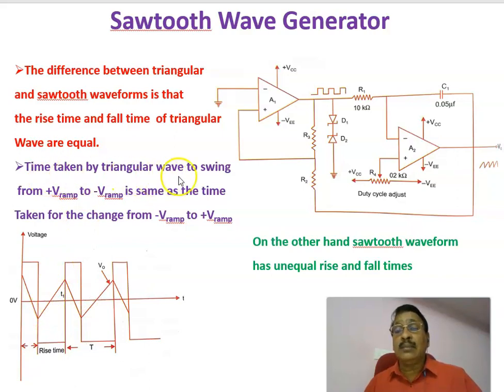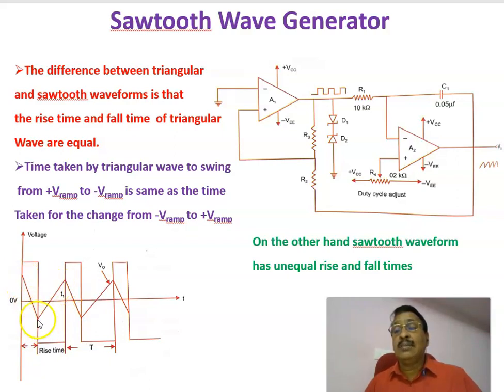The time taken by the triangular wave to swing from plus VRAM to minus VRAM is the same as the time taken for the change from minus VRAM to plus VRAM. But in a sawtooth, to change from plus VRAM to minus VRAM it takes this much time, but to go from minus VRAM to plus VRAM it takes more time.